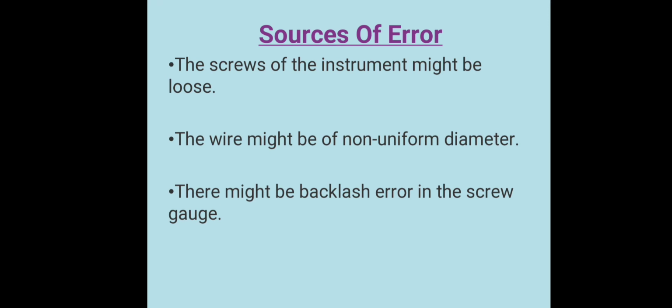That is to be taken care of. We need to measure the diameter at 2-3 different places so that we can take a mean of it. There might be a backlash error in the screw gauge, so we must be very careful while using the screw gauge. That's all about the experiment.